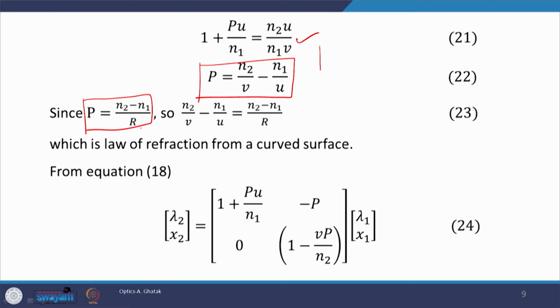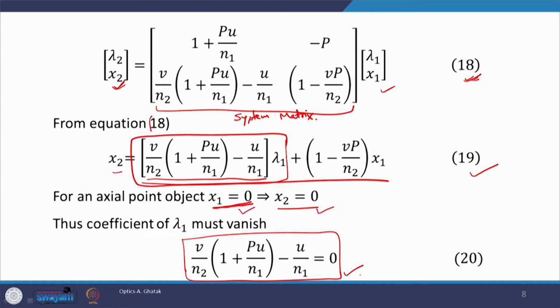We will substitute this expression of P into expression 22, and this will give equation number 23, which is N2 by V minus N1 by U equal to N2 minus N1 by capital R, which is nothing but the law of refraction from a curved surface which we have already derived. We derived this relation in our previous classes for a curved refracting surface by implementing Snell's law.